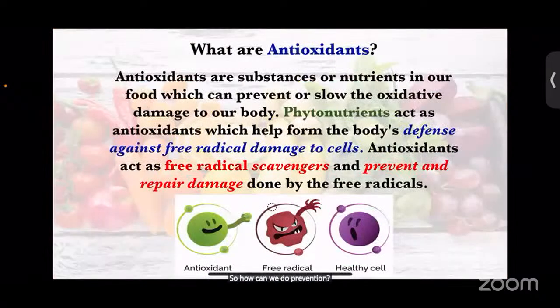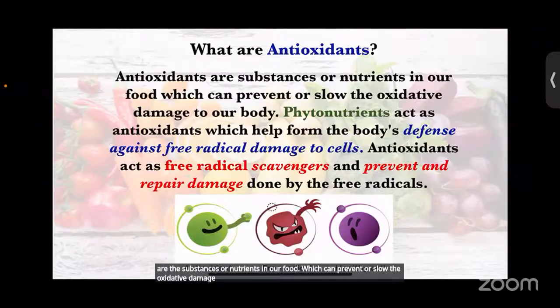We need what we call antioxidants in our body. We need a lot of antioxidants in our body. So in other words, the solution to free radicals is to have a lot of antioxidants in the body. Antioxidants are the substances or nutrients in our food which can prevent or slow the oxidative damage to our body.